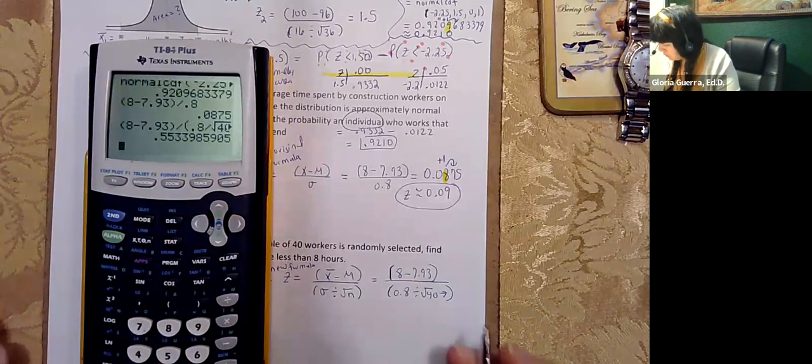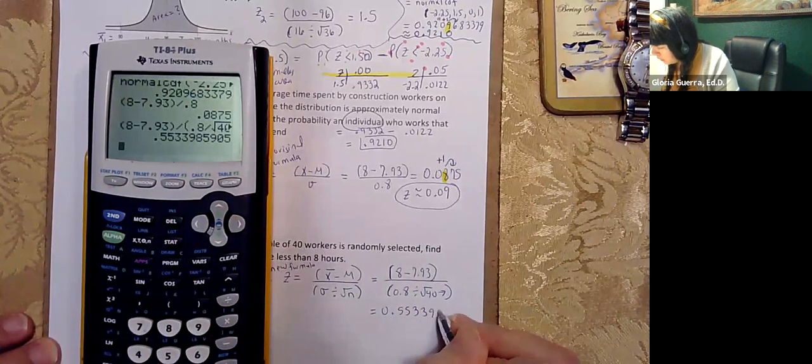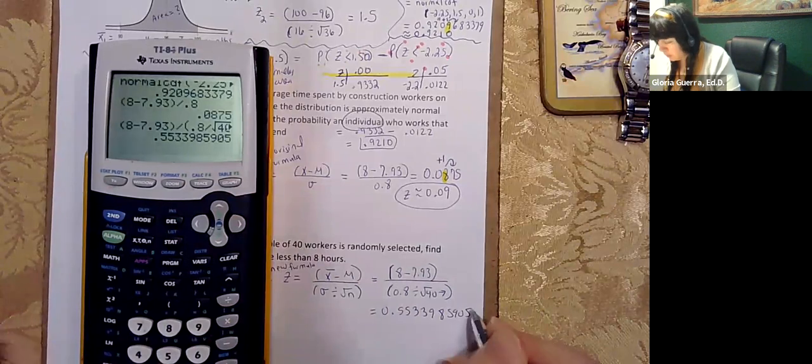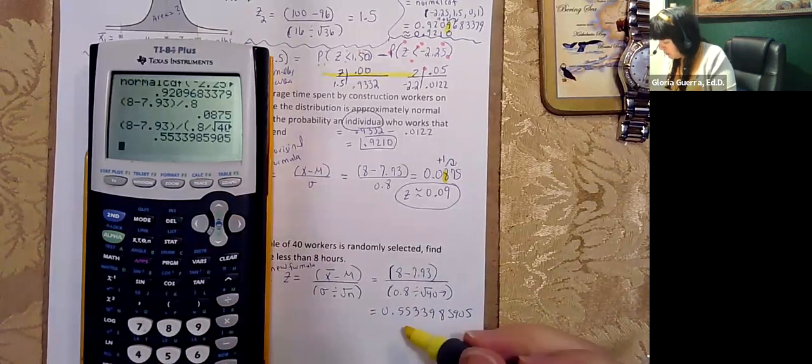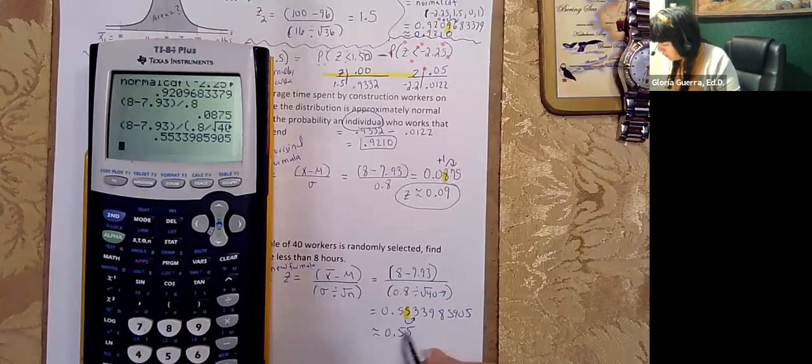And that gives you 0.553398595. And you're rounding to the nearest hundredths, and then look at the number to the right. Is that 5 or more? Yep, that's a 5. So it's about 0.55, and that's your z for that.